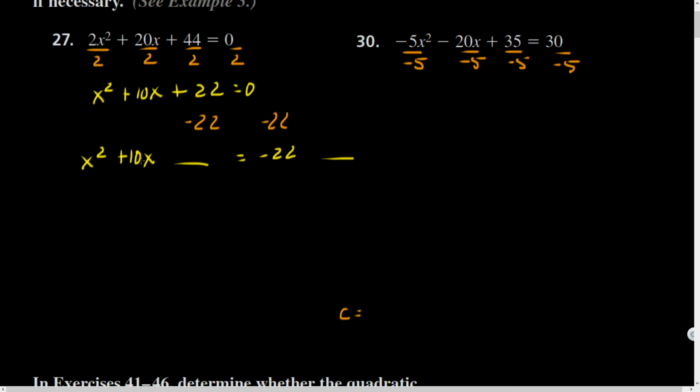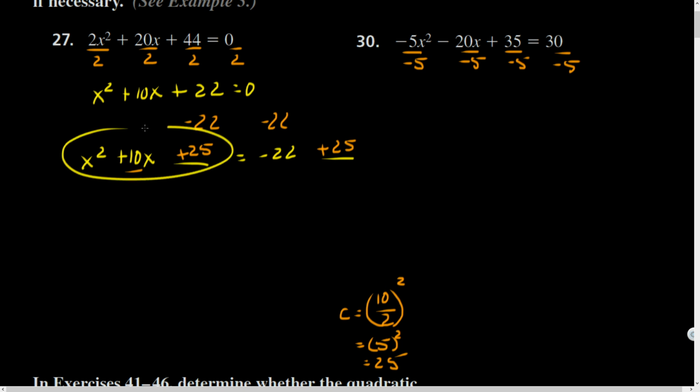The b is 10, so it's b divided by 2 all squared. So that's 5 all squared, which is 25. And so if I add 25 to this side of the equation, gotta be fair, gotta add it to the other side as well.